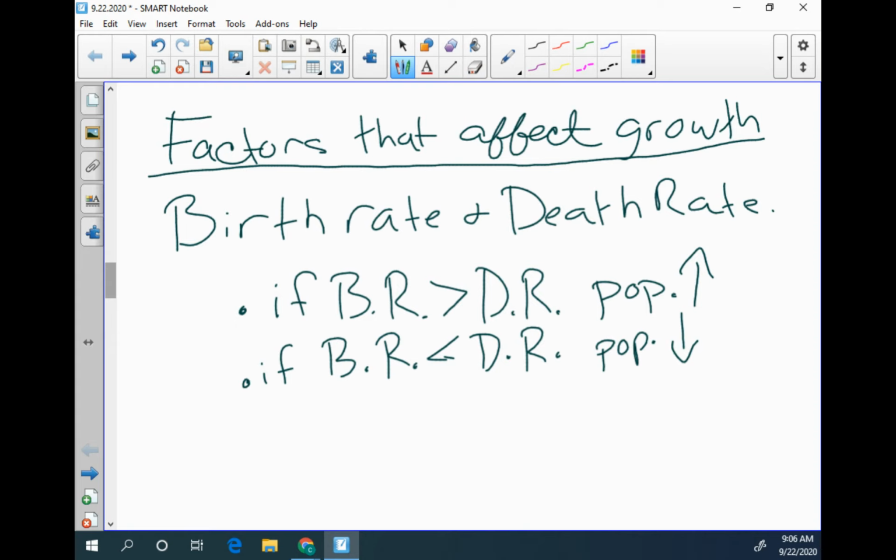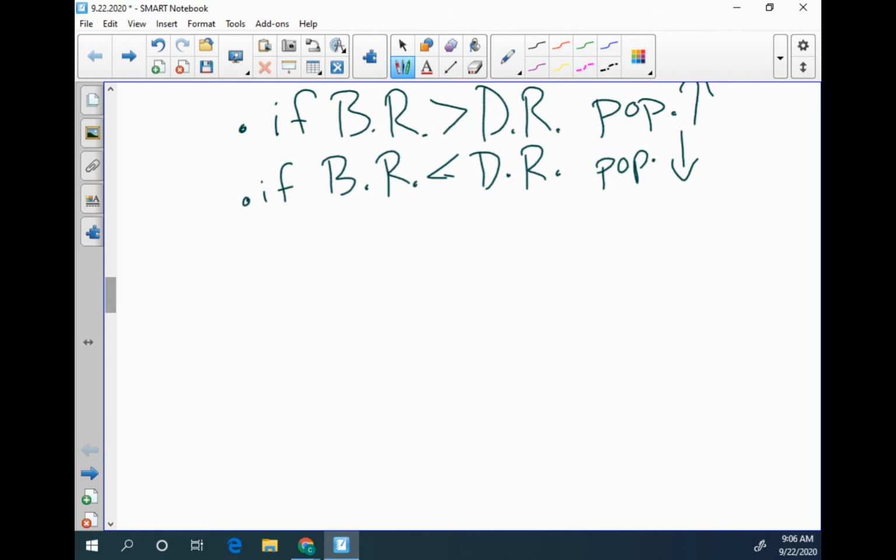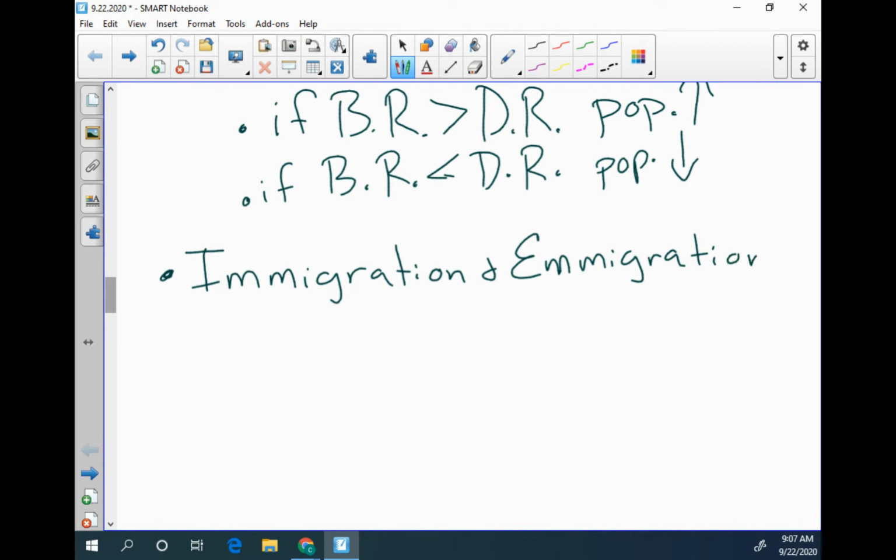The other kind of factor that can affect growth is immigration and emigration. Immigration is organisms moving in.